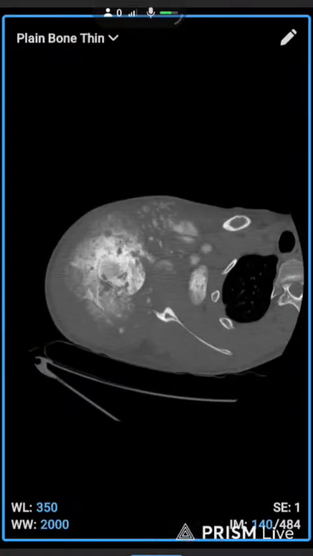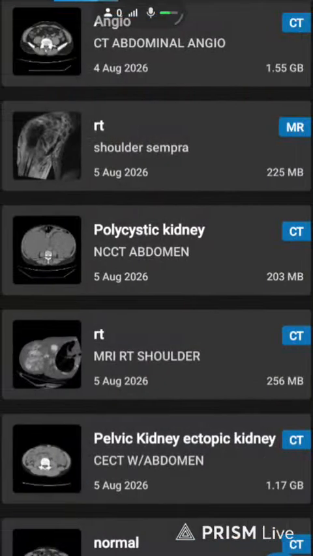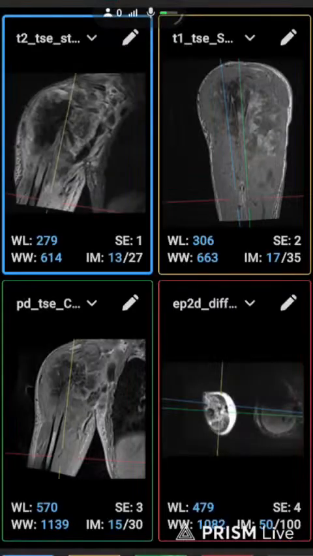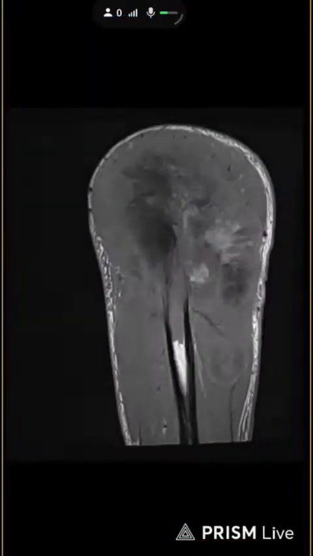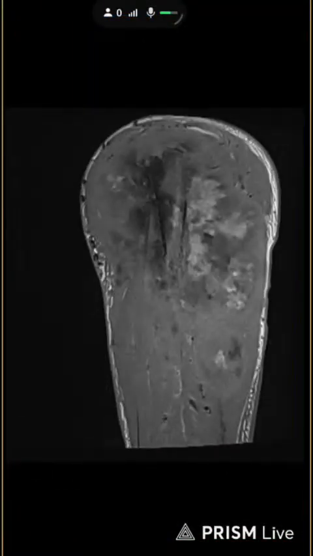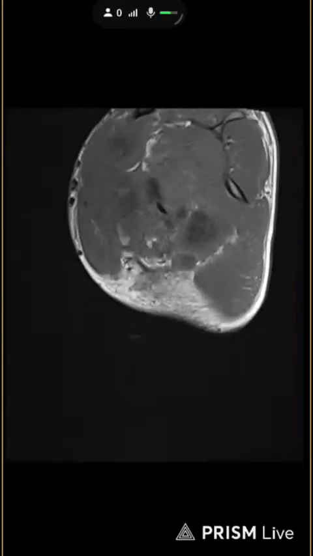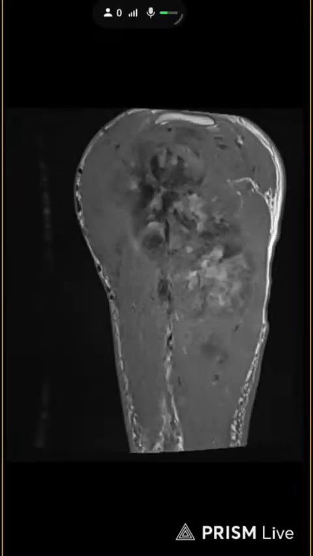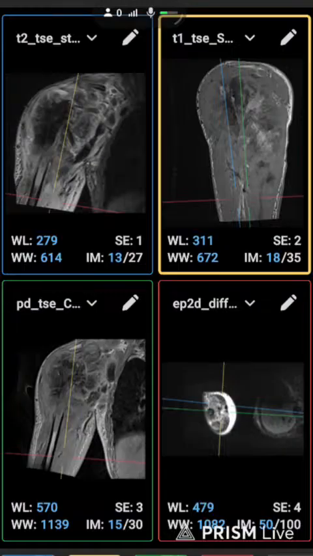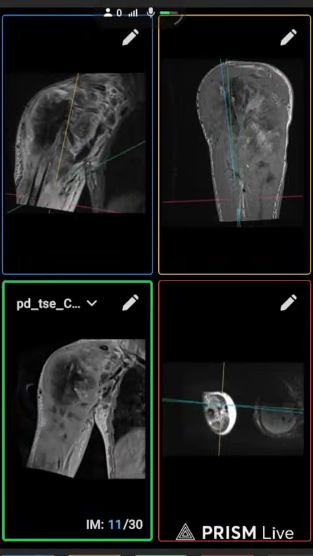After we compared and viewed all the images, it's like bony CA. So in this case we totally increased the FOV of every sequence.